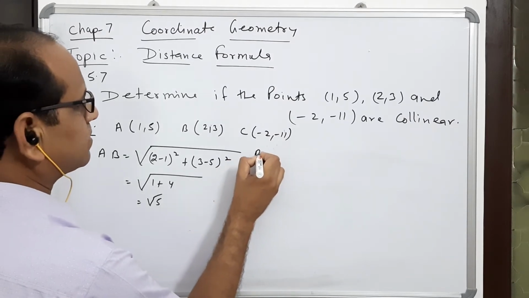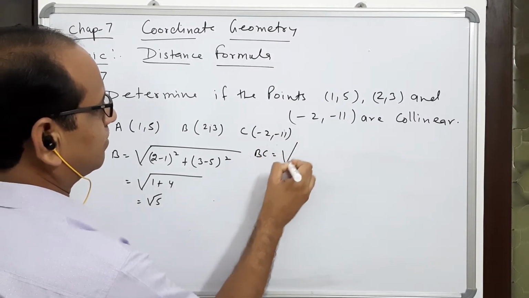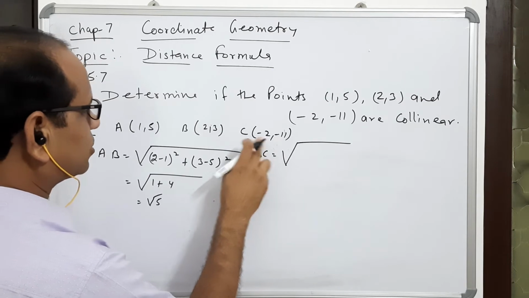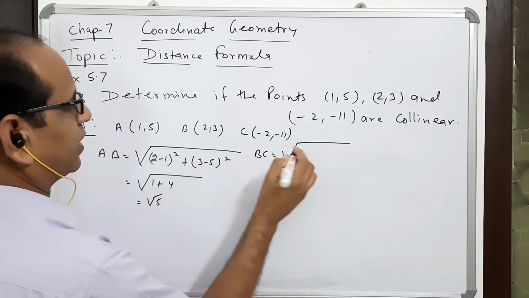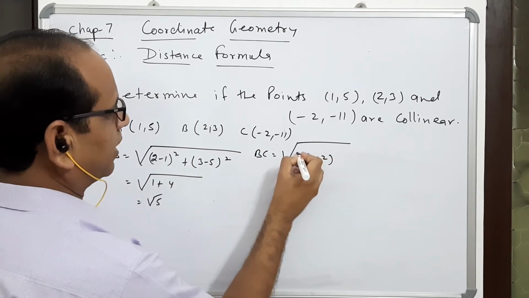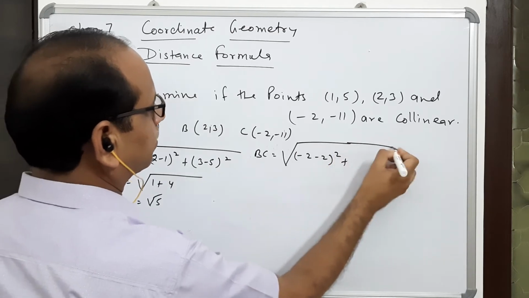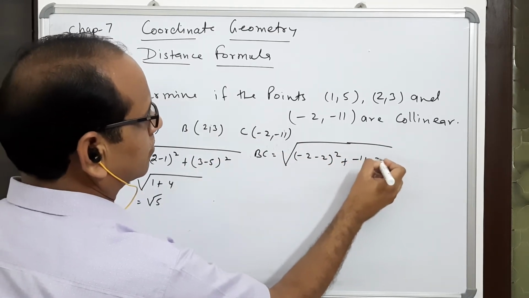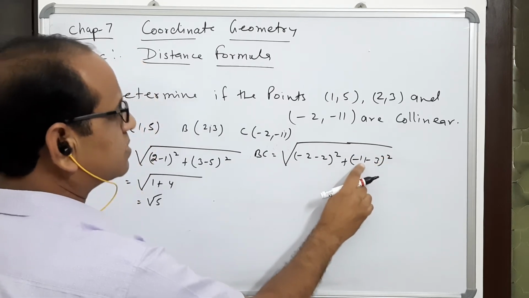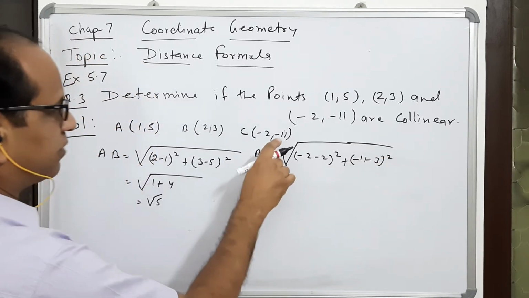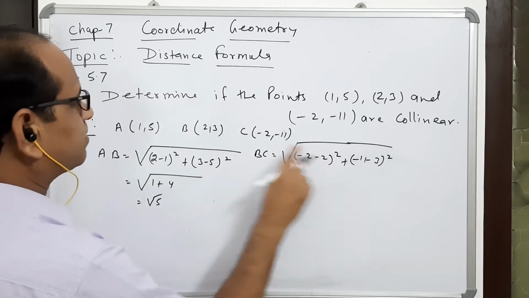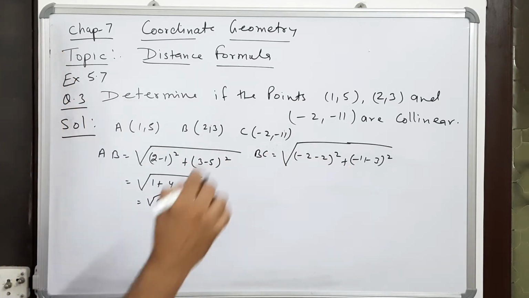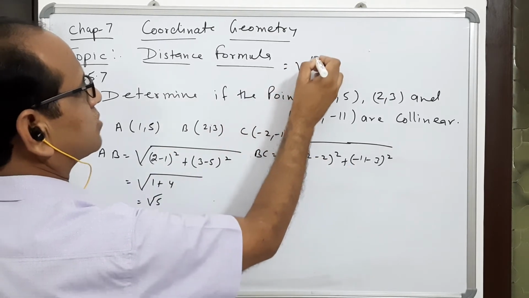The second is BC. Please see BC now. (x2 minus x1) is minus 2 minus 2, squared, plus (minus 11 minus 3) squared. See, this minus is of the 11 and this minus is of the formula. If the things are not clear, once more I will explain.